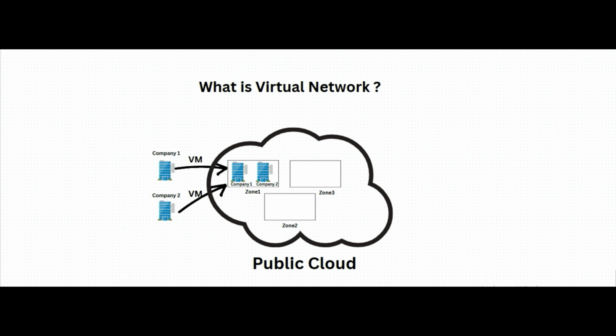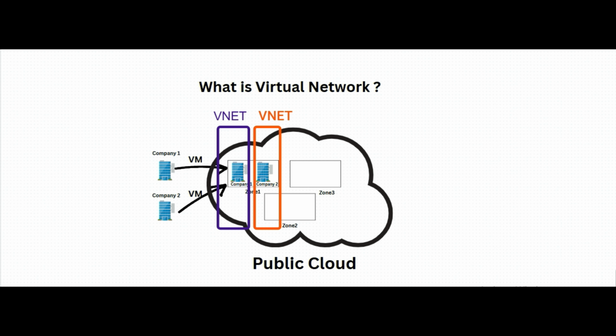Azure will allocate zone 1 for both companies, but Azure will create a separate virtual network for each company. So company 1 gets its own isolated VNet in zone 1 and company 2 gets a completely separate VNet also in zone 1.